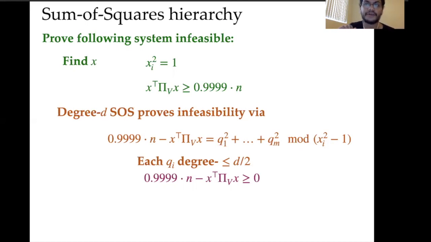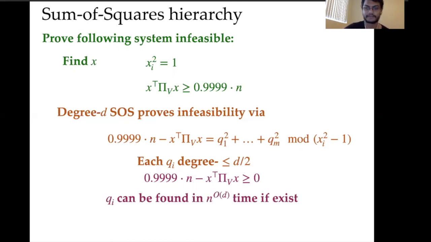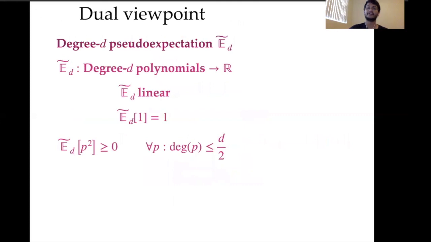The way it tries to give a certificate that this polynomial is non-negative is by producing some other polynomials, q1 to qm, such that q1 squared plus q2 squared all the way up to qm squared is exactly equal to this polynomial that we want to show is non-negative. It's worth noting that these qi's can be found in n to the order d time if they actually exist. But recall that the thing we wanted to prove was that no such polynomials exist, at least when d is equal to 4. So towards doing this, we introduce the dual viewpoint.